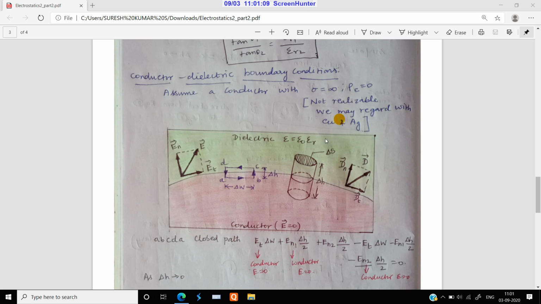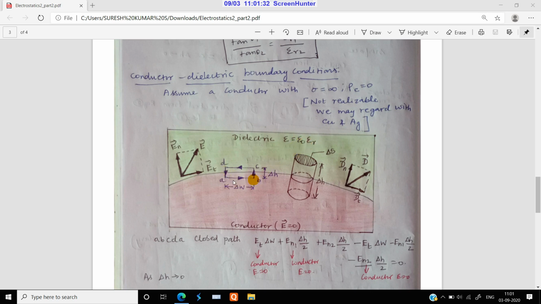So if you are assuming that conductor, the electric field is equal to 0, because if these conditions hold, then the electric field is going to be 0. As we have seen in the previous case of dielectric boundary conditions, the dielectric has epsilon equal to epsilon naught epsilon r.